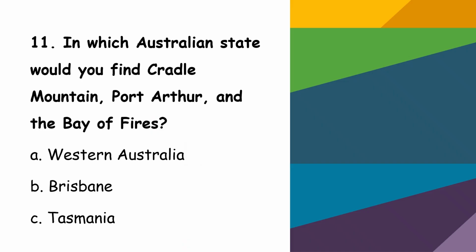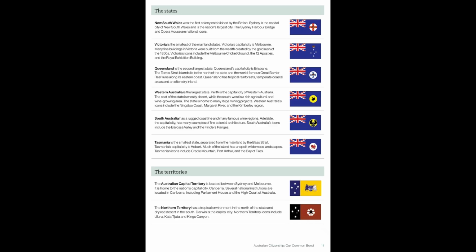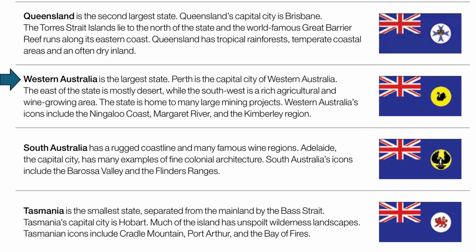Question 11. In which Australian state would you find Cradle Mountain, Port Arthur, and the Bay of Fires? A. Western Australia. B. Brisbane. C. Tasmania. If we look at page 11 in Our Common Bond, we can see that Western Australia is known for the Ningaloo Coast, Margaret River, and the Kimberley region.